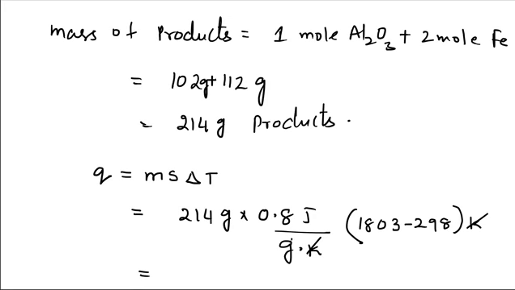Kelvin cancels out, and grams cancel out. So if we do the mathematics, 214 times 0.8 times (1803 minus 298). Wait a minute.